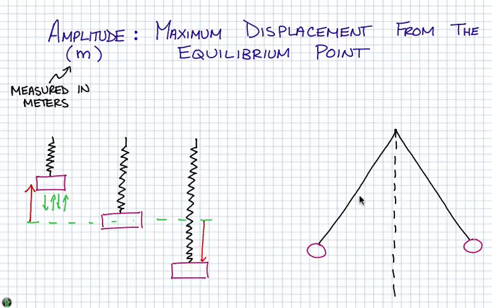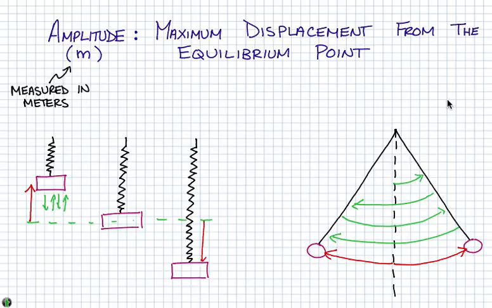If we take a look at the example of a pendulum, very similar. We have the equilibrium point right here. This is where this pendulum wants to be naturally. If we pulled it back here and let go of it, it would swing over to this point, at which point it would return back and forth. In each of these cases, the amplitude would be that maximum displacement in either direction from that equilibrium point.